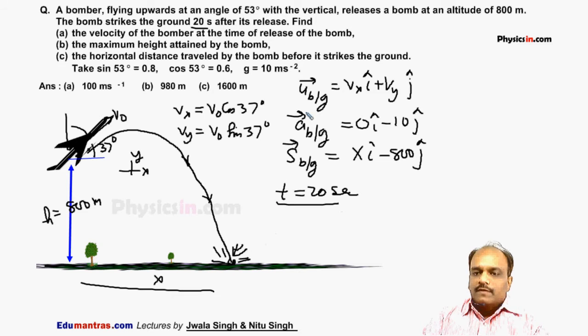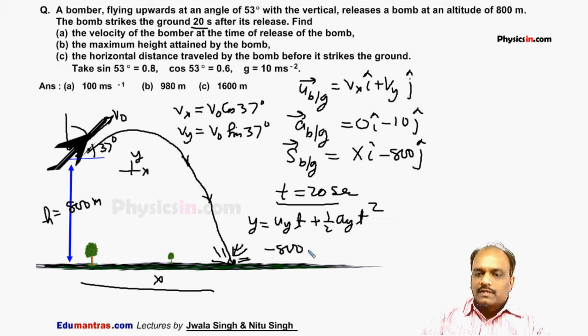Now from these given values we can say the vertical displacement y is equal to uy into t plus 1 by 2 ay into t square. So minus 800 is equal to uy, the vertical velocity Vy, into t plus 1 by 2 ay, which is minus 10, into t square.